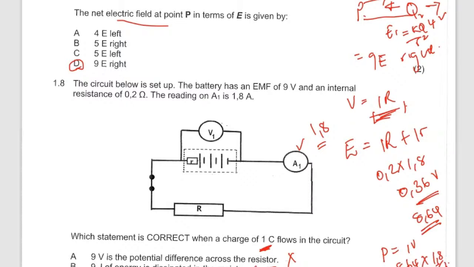So this is also wrong. And then 8.64 amps is flowing in the circuit, and that's wrong. And then 8.64 joules of energy is dissipated in the resistor, and that would make no sense.